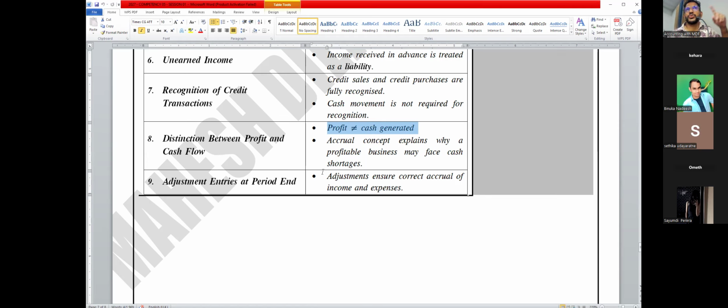So I'm going to teach you the PLCs. I repeat, I'm starting to teach the PLCs in the 6th competency, but I'm introducing only the sole proprietorships.